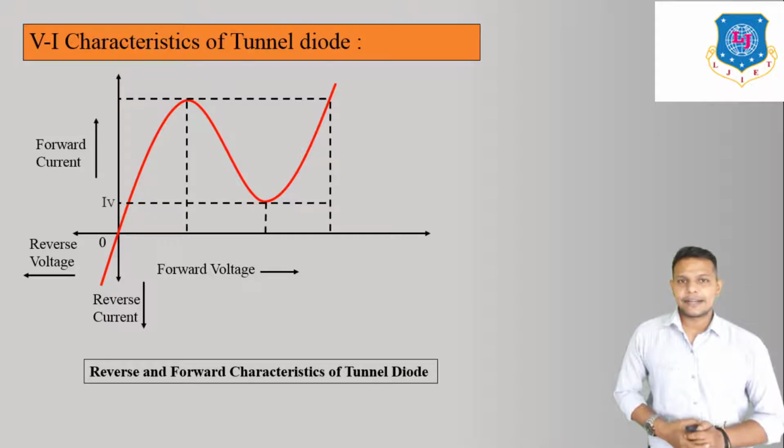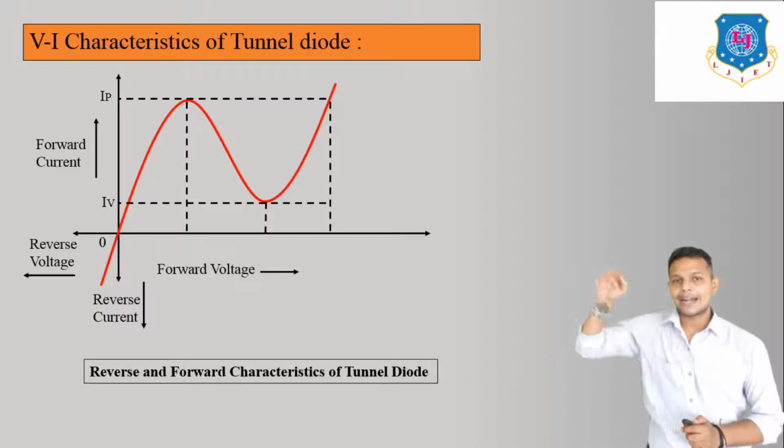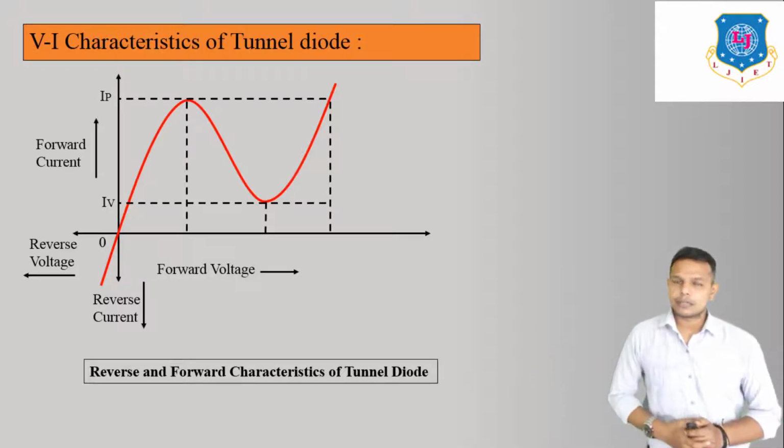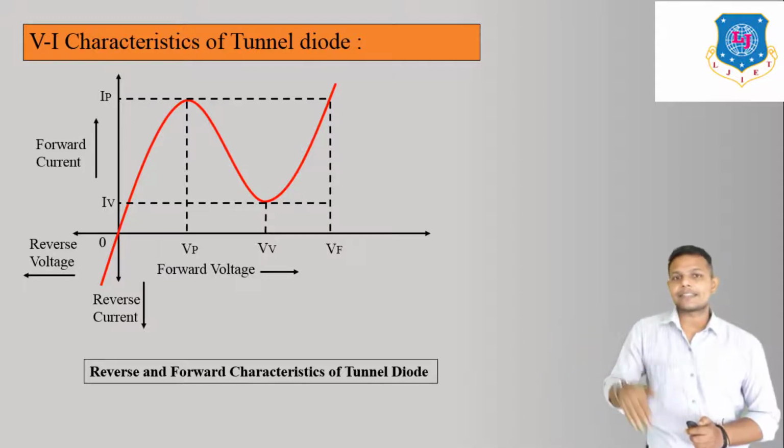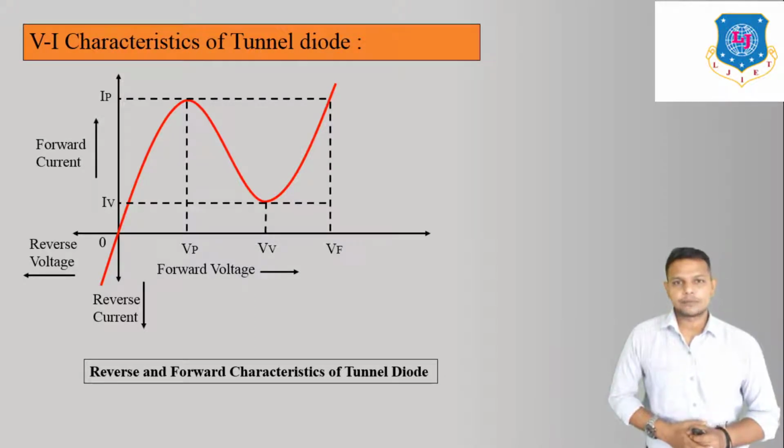Here it is indicated as IV and IP. So IV means valley current, and IP means peak current. Similarly on the x-axis we can see VP, VV. VP means peak voltage, VV means valley voltage, and VF means forward voltage.